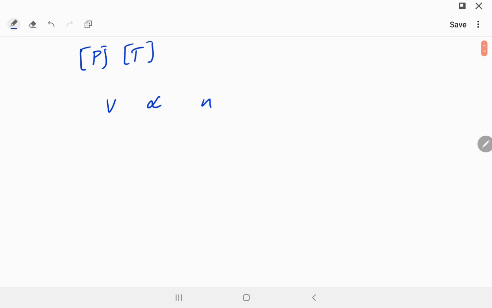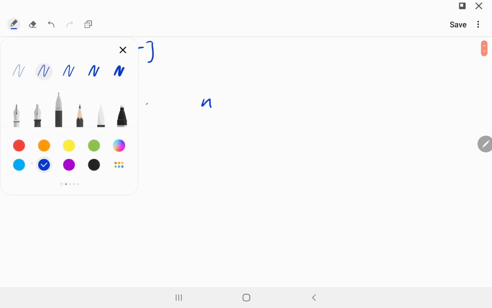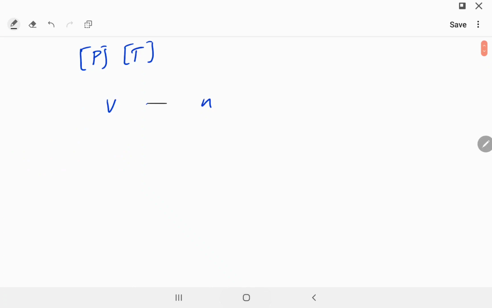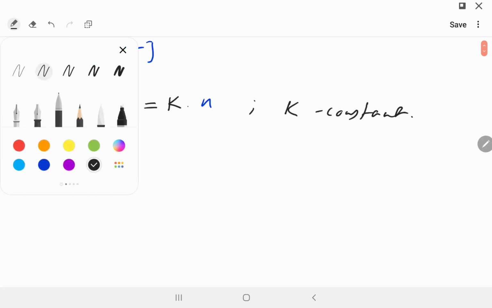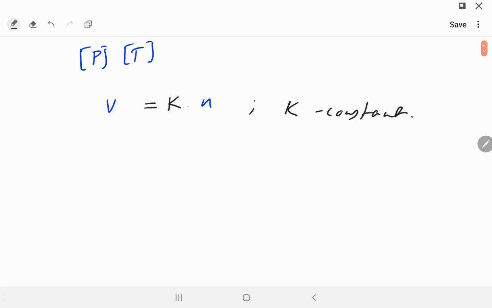But here's the thing, we want to replace the proportionality sign with an equal sign. In order to do that, we replace the proportional sign with an equal sign, and it comes with a constant. So K here is a constant. You can take N to the other side by cross multiplication, so you get the ratio between volume and the number of moles as a constant.